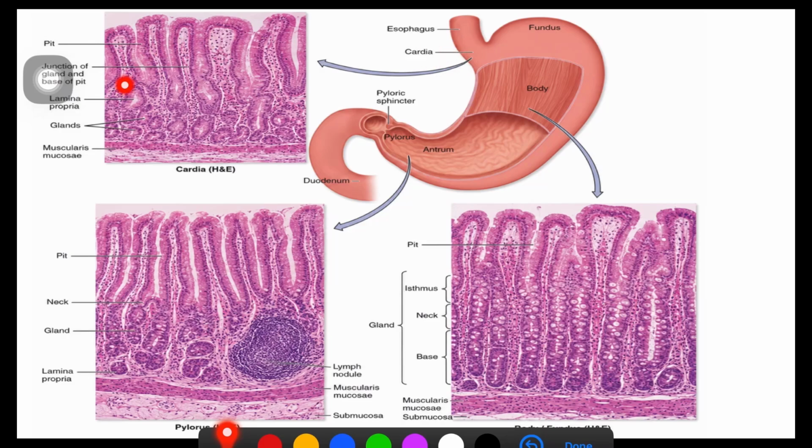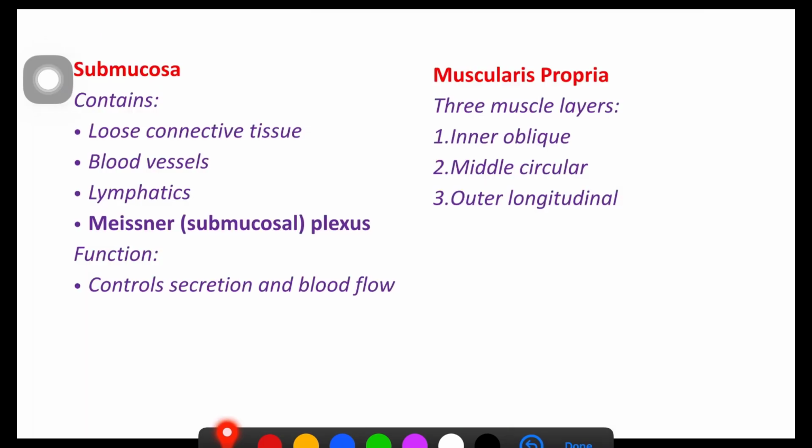Cardia has this morphology, and in the pylorus and antrum you will find this morphology. Basically here it is 50-50% gastric pit and gland, here 25% gland surface epithelium and foveola, and 75% of the portion is gland in oxyntic mucosa.